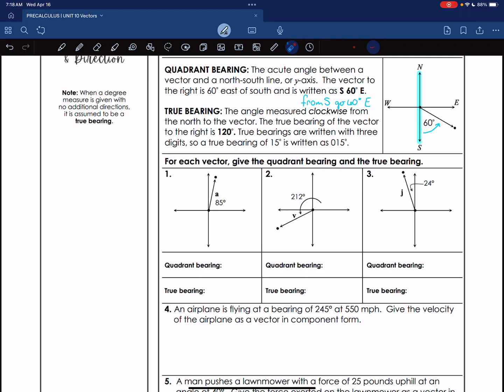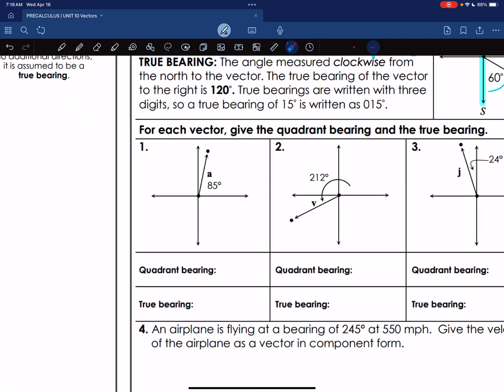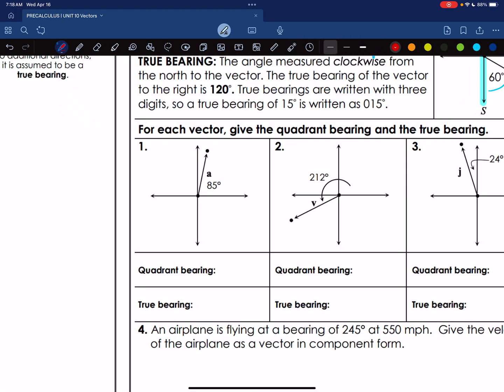Our quadrant bearing, remember, is written telling us from either north or south how many degrees we're going to go, either east or west. In this example, our vector has rotated 85 degrees from the x-axis. Remember that we have our north, south, east, and west, and we are going to be measuring from north.